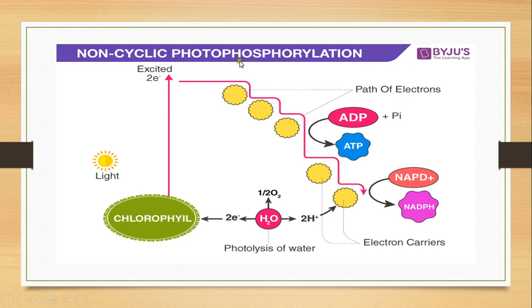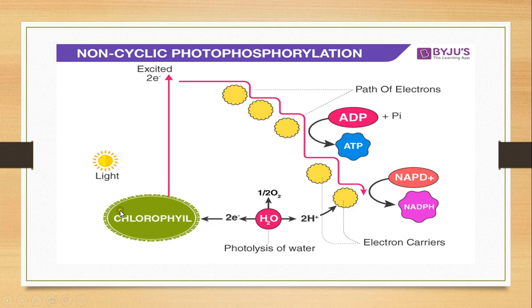This is the non-cyclic photophosphorylation. It means there is a stimulus of light and there is phosphorylation, but it is not a cyclic process. The process starts and ends, but not in continuation.